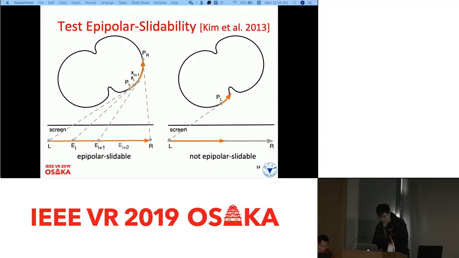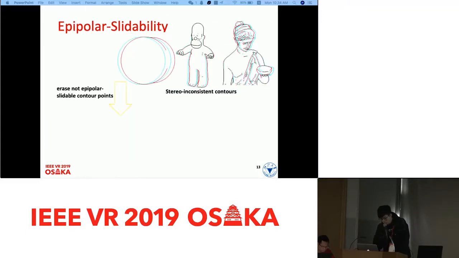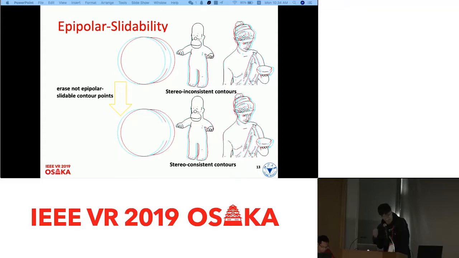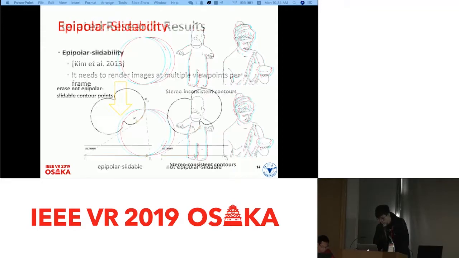To test the epipolar-slidability in their method, they render images at multiple viewpoints between the two eyes and check the continuity of the contour points among these images. Once contours are not epipolar-slidable, they are erased in the rendering, thus resulting in stereo-consistent contours.